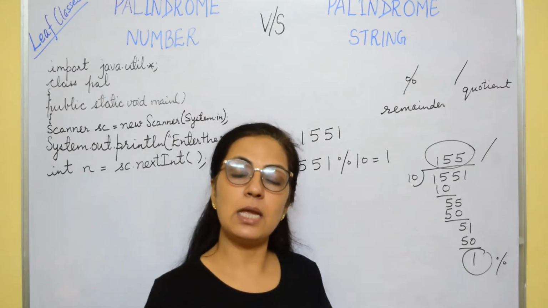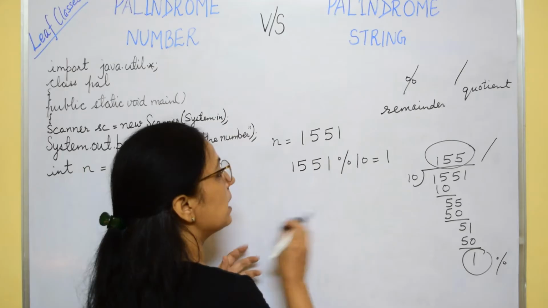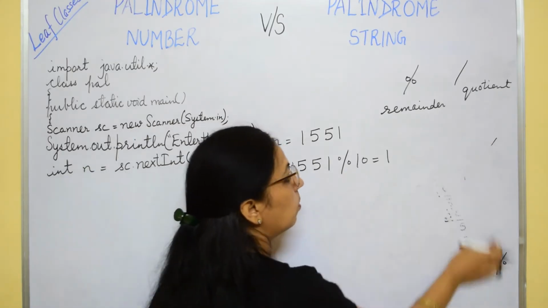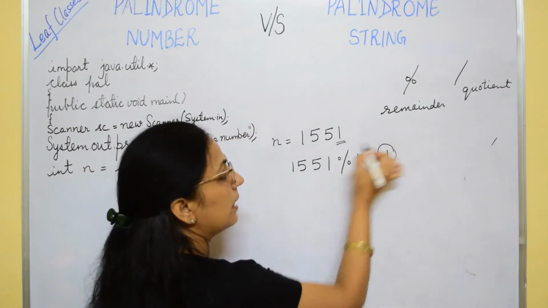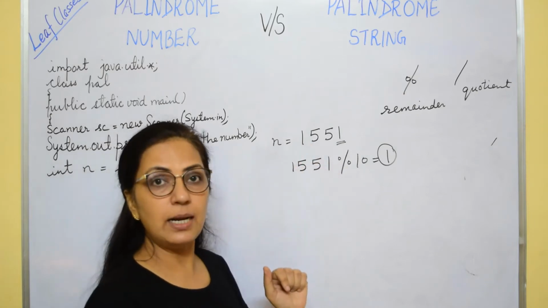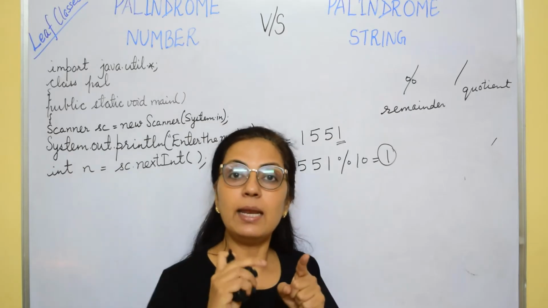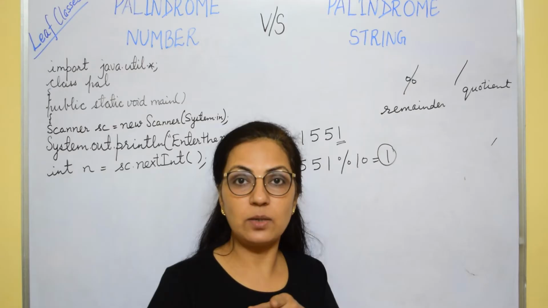Now we will use this thing continuously. 1551 mod 10 gives you 1, right? Now we have got one digit, the rightmost digit. Now we want the next, second digit. For extracting that, again we can extract only by mod 10, and mod 10 gives us the rightmost digit.